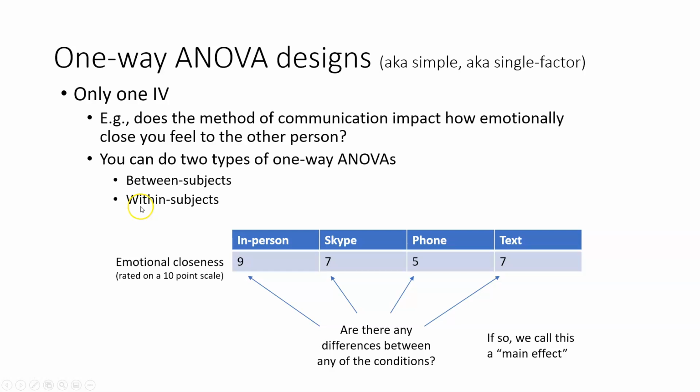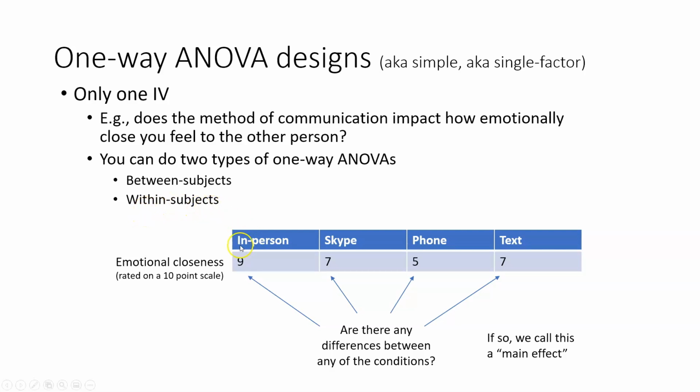But we also have this within subjects, which is, we learned this term and a similar term, repeated measures, back when we were talking about t-tests that were repeated measures t-tests. We learned that the phrase within subjects refers to if you use the same people and you're comparing within those people.